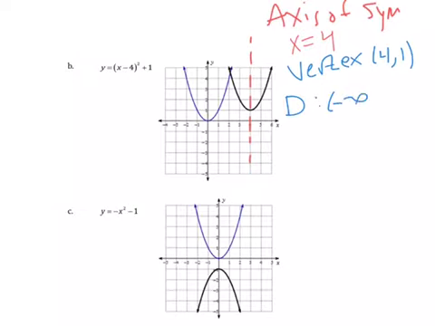So that's still going to be -infinity to infinity, or all real numbers. My range is going to have some numerical value to it. Remember, this is in terms of its vertical limits. So it looks like it's not going to go any lower than 1, but we have no idea when it stops going higher than that. So we're going to have 1 and infinity.